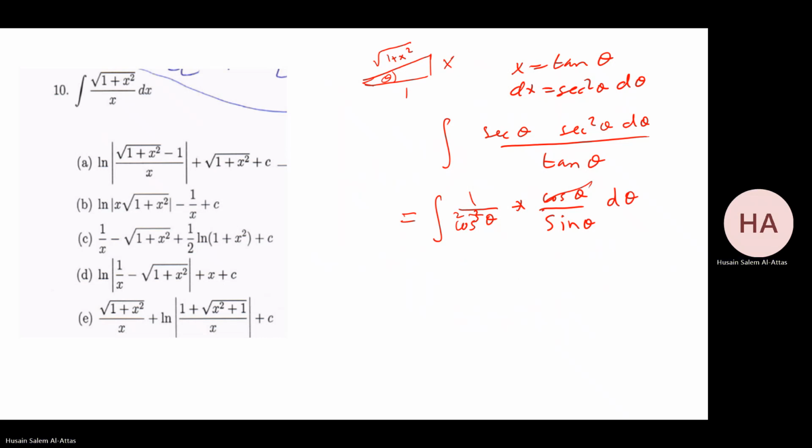That will give me what? You have secant cubed over tan, which is 1 over cosine cubed times cosine over sine. So it's the integral of 1 over cosine squared theta sine theta d theta.